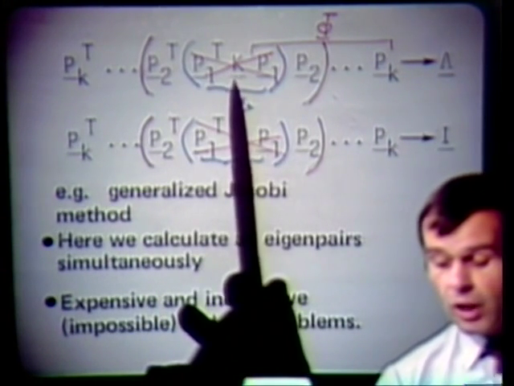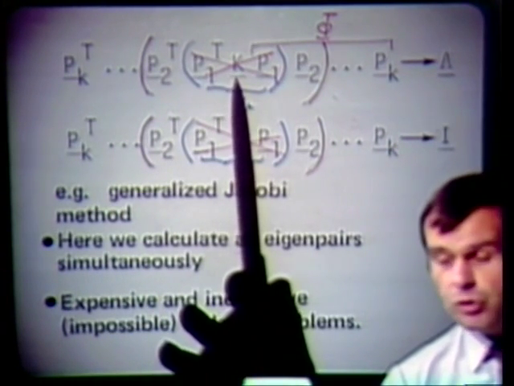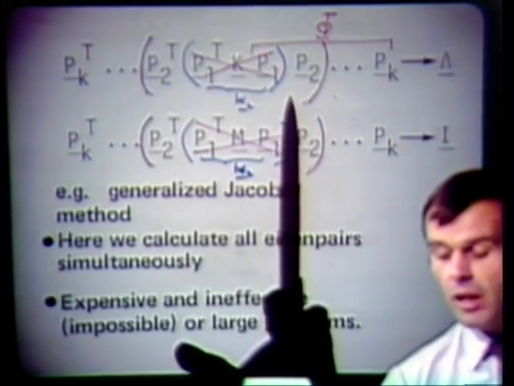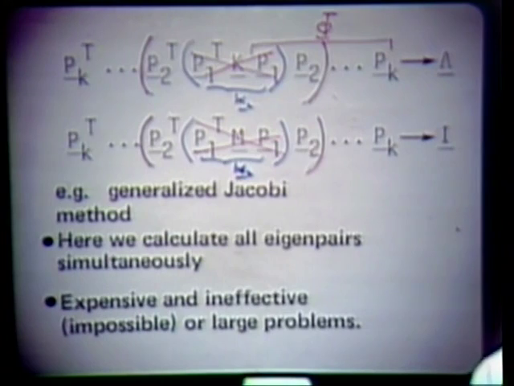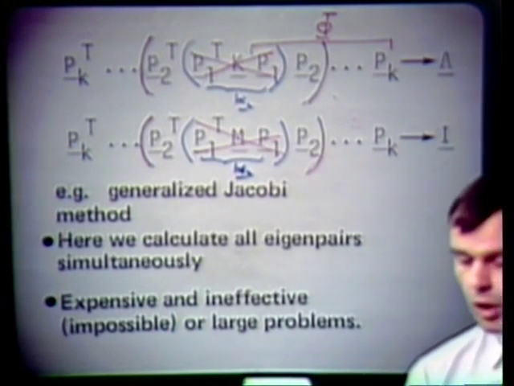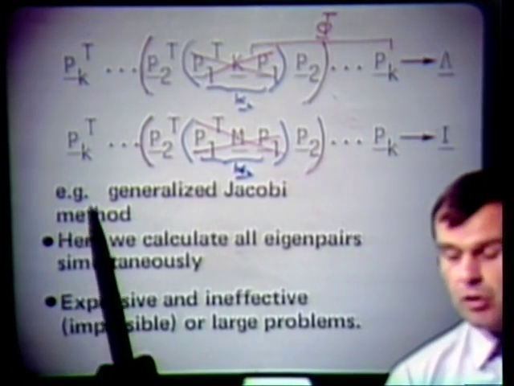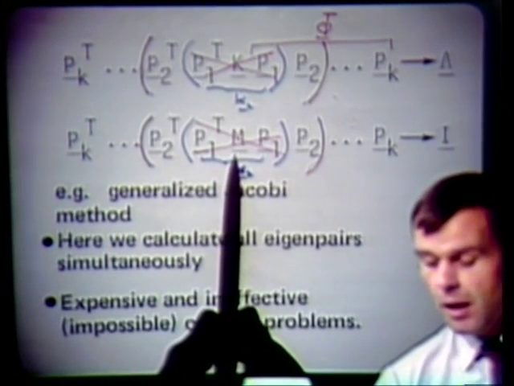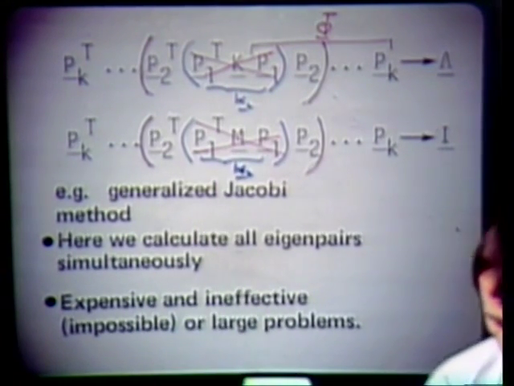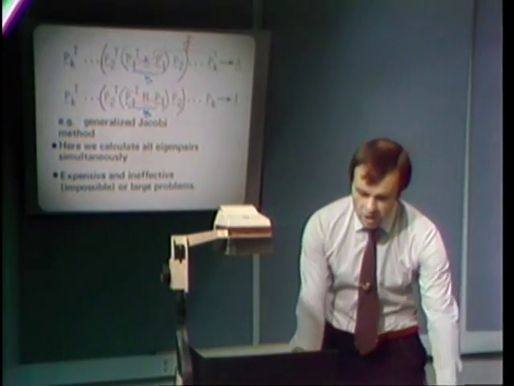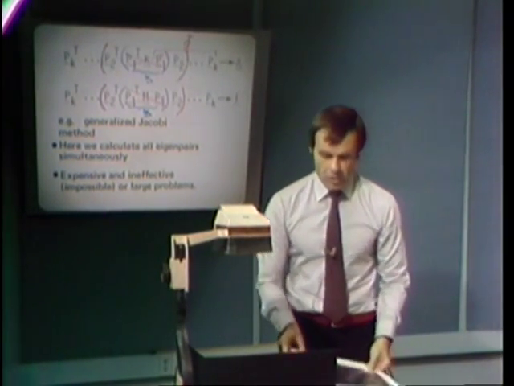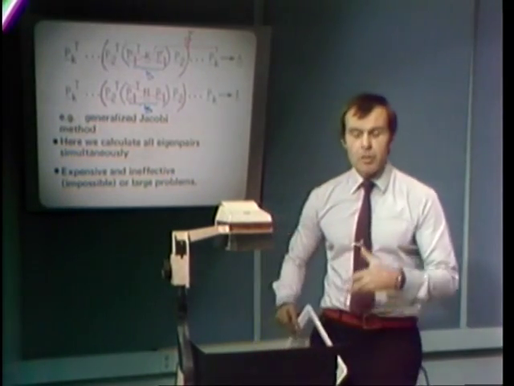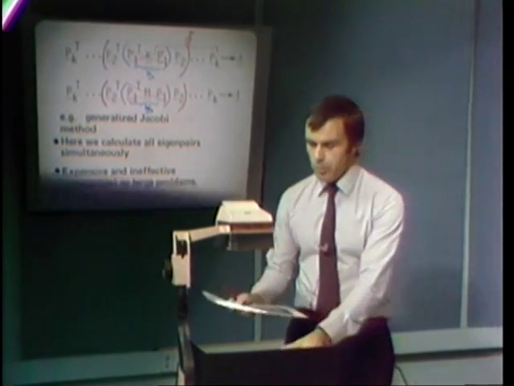Remember also, if k is of order 1,000, this would be a tremendous amount of work involved, and in fact it would be beyond the current state of computing capabilities to use a generalized Jacobi method on a K matrix 1,000 by 1,000 and an M matrix 1,000 by 1,000. You would certainly stretch the current computing capabilities tremendously by using the generalized Jacobi method on large eigenproblems.